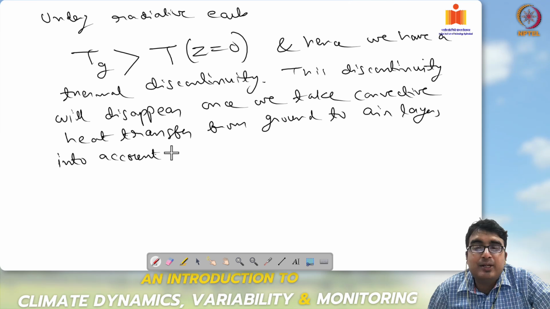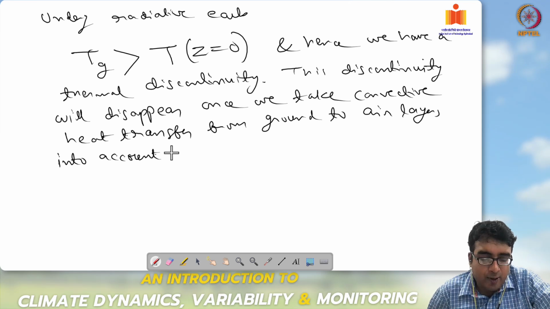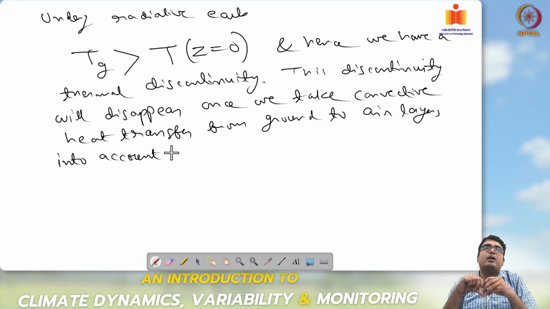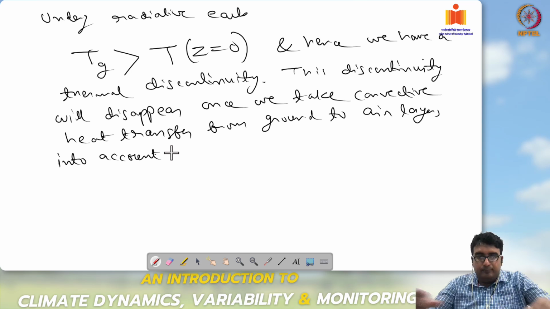When we are considering the full model of evaluating the temperature above the ground, we also have to consider convective radiative equilibrium, where convection currents and the associated heat transfer due to the movement of air masses, as well as evaporation and condensation forces, also have to be taken into account to evaluate the vertical temperature gradient. That is the task of a more sophisticated model, which we will not discuss here.